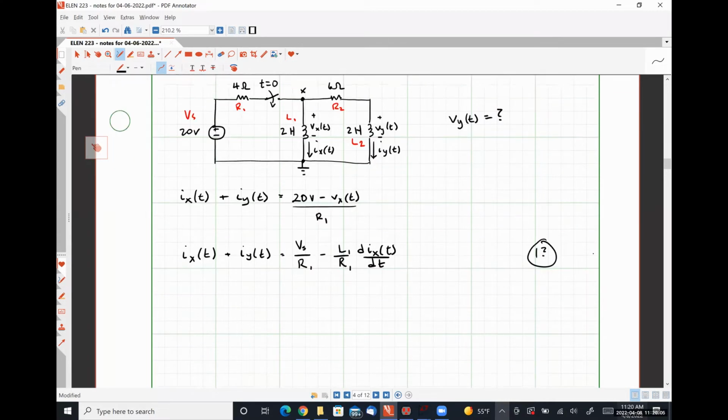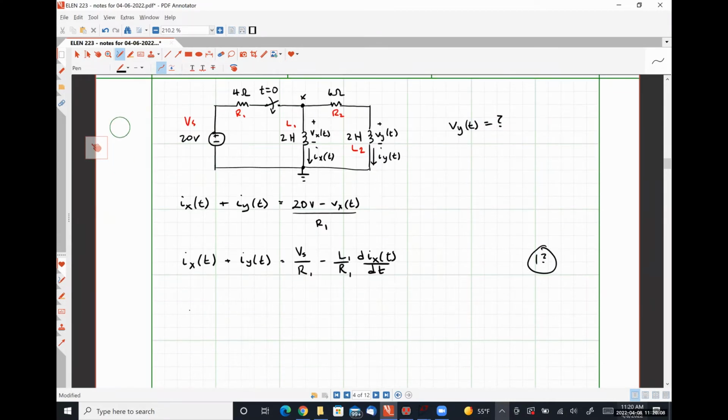So KVL around the right-hand loop gives us Vx is equal to the voltage drop over the 6 ohm resistor, which is just R2 times Iy, plus the voltage drop over the 2 Henry inductor, which is Vy.